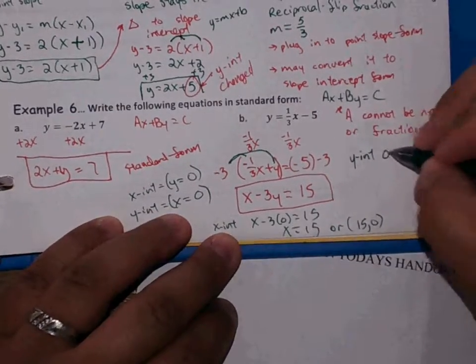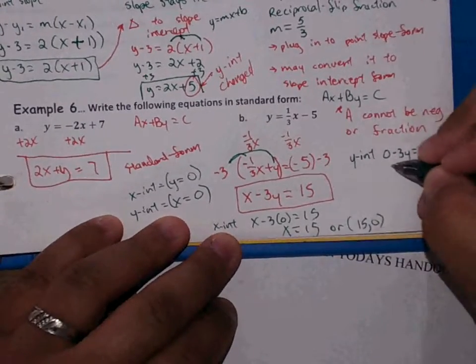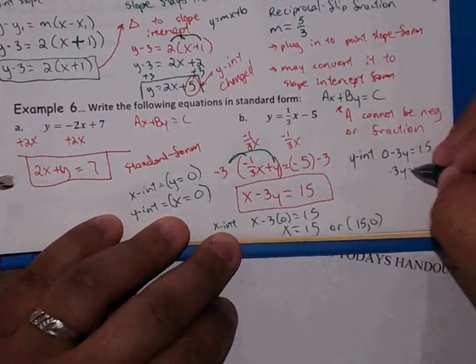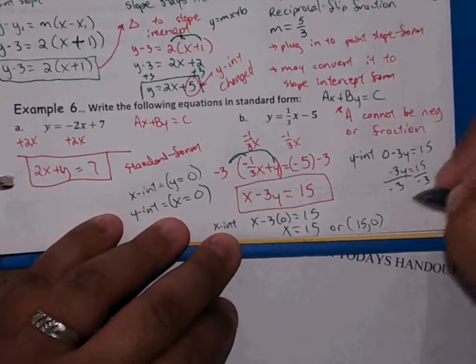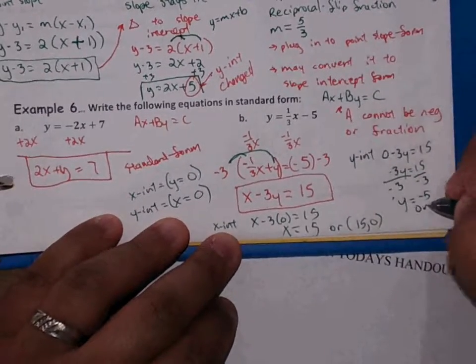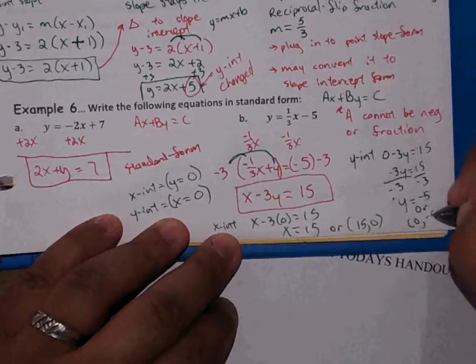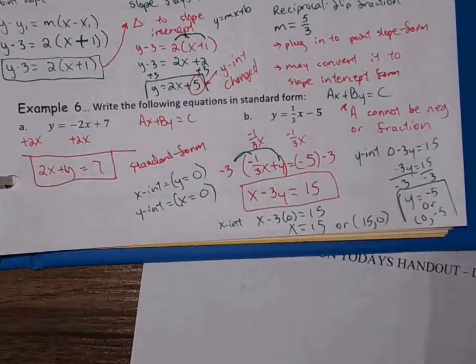So 0 minus 3y equals 15. Divide both sides by -3, and y equals -5, or 0 comma -5. Either one of these is our y-intercept.